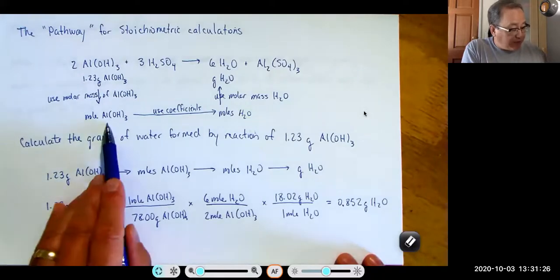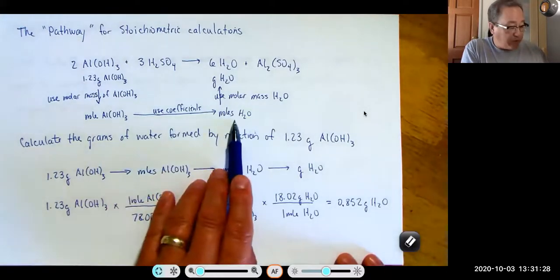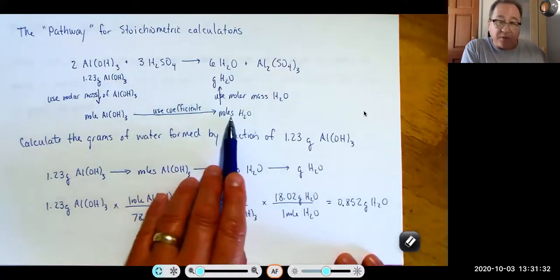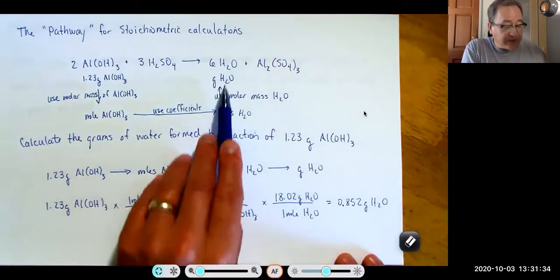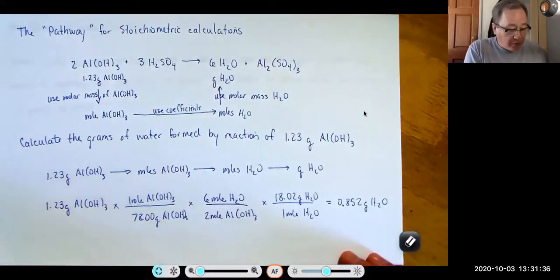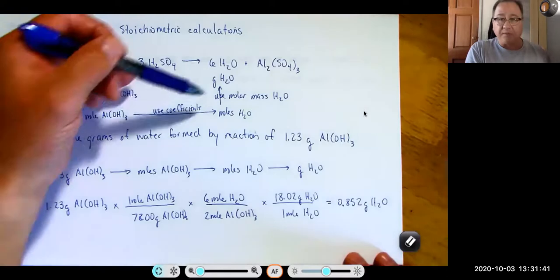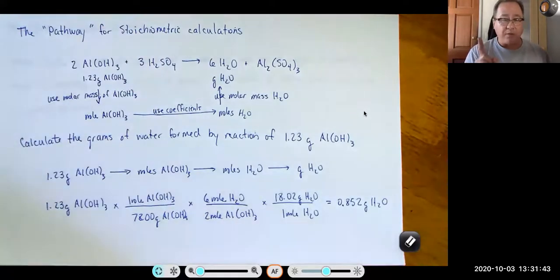If we wanted to then get the moles of H2O, we would use coefficients from the balanced reaction. And finally, we could take the moles of H2O and convert that into grams of H2O using the molar mass of H2O. So this looks like it's 1, 2, 3 problems, but it's not. It's one problem with 3 conversions. And that's the way I want you to do it on an exam. Not 3 separate problems. You will not get full credit.